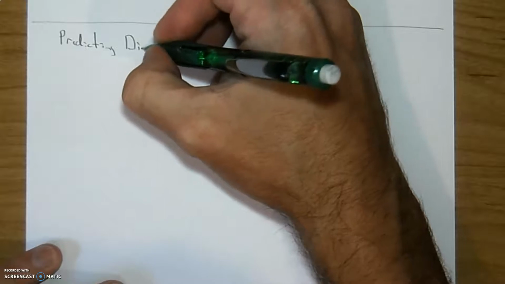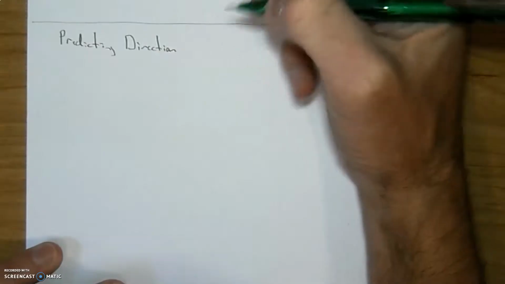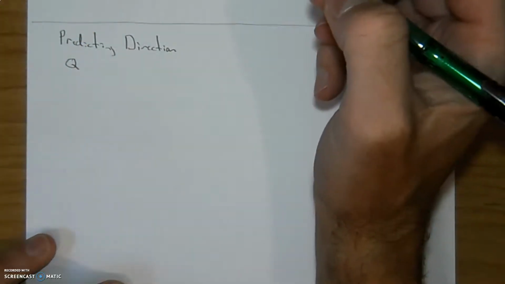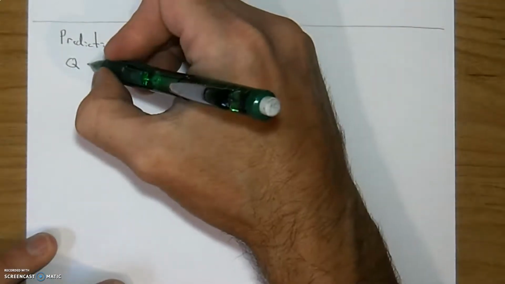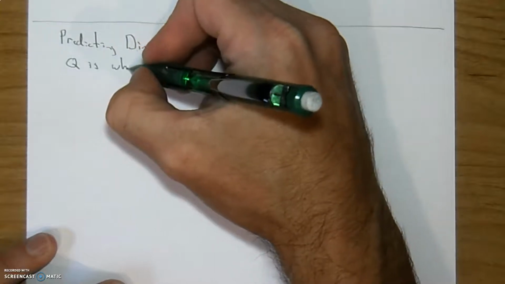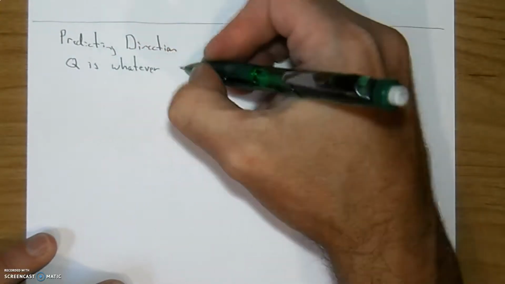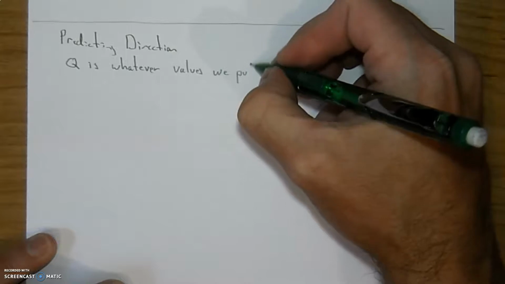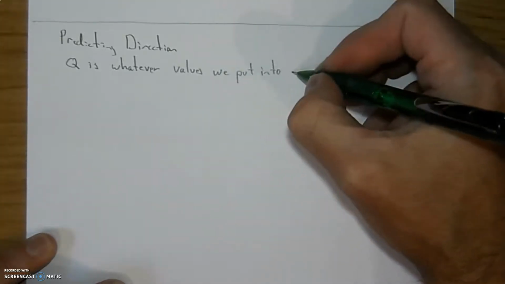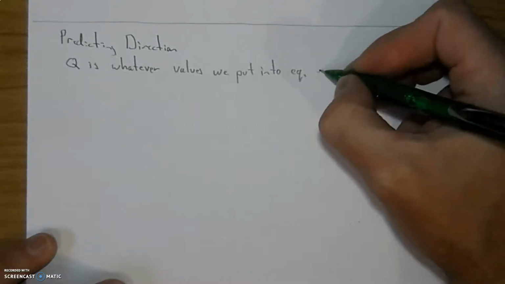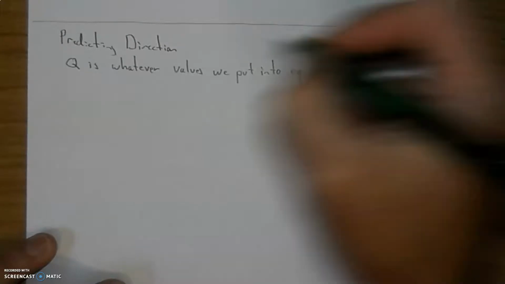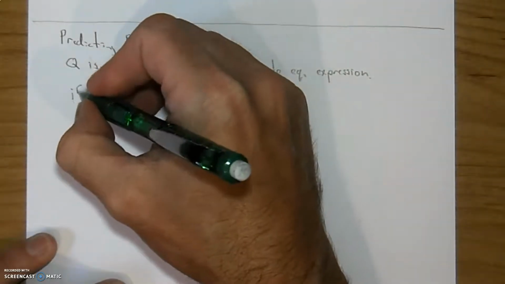Predicting direction. And we can look at something, instead of K, we're going to use a Q value. So which way does a reaction shift for balance? So Q is whatever values we put into the equilibrium expression. For example, we have equilibrium and we have a number, right?